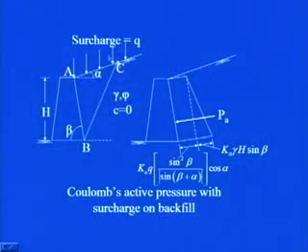You see, in the earlier case the backfill was inclined and there was no surcharge present on it. In this case, Coulomb's theory is able to take into account any surcharge which is present on this inclined backfill.